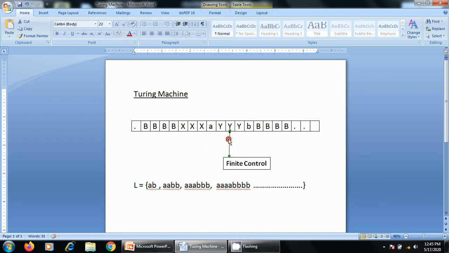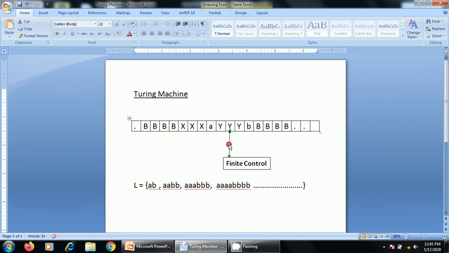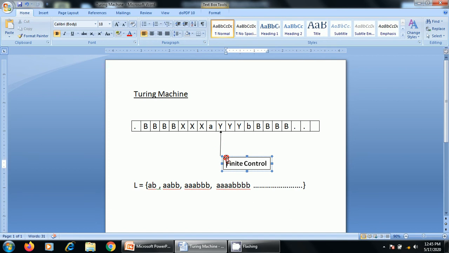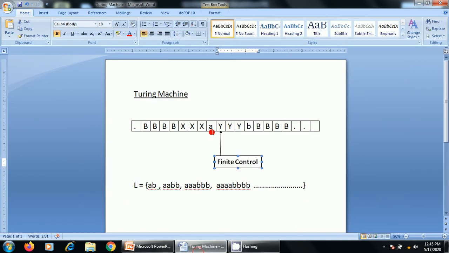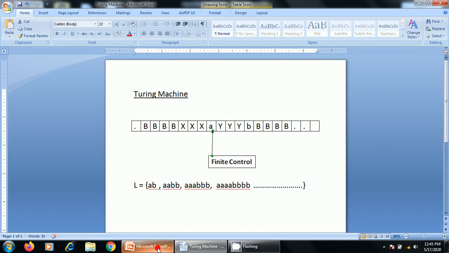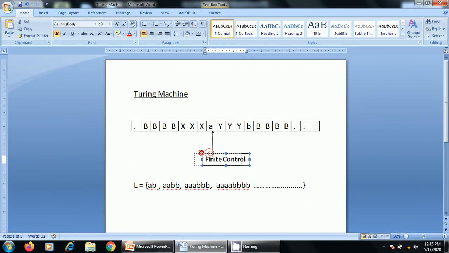Now if Y, keep it Y and move left. If it is A, keep it A and move left, because we are searching for the first X. There may be many Y, that is why there is a loop. If there is A, keep it A and move left.